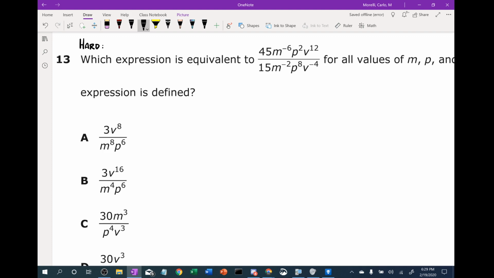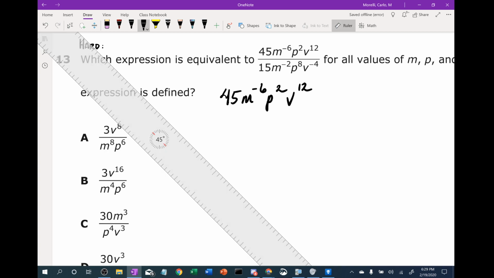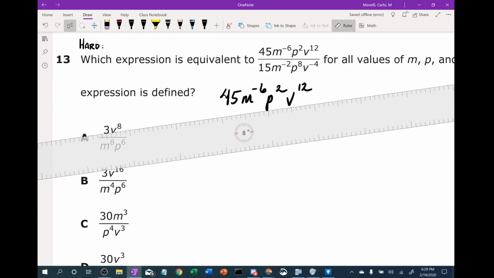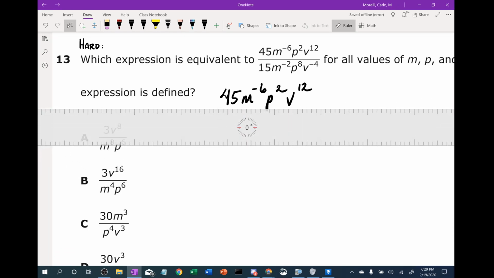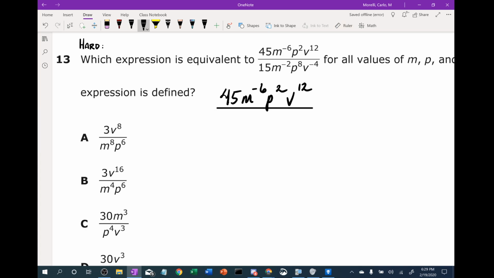But let's do it. So here's what we're given. 45m to the negative 6th power times p to the 2nd power times v to the 12th power, all over 15 m to the negative 2, p to the 8, v to the negative 4.